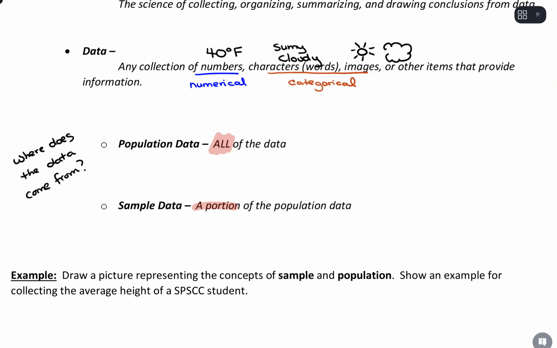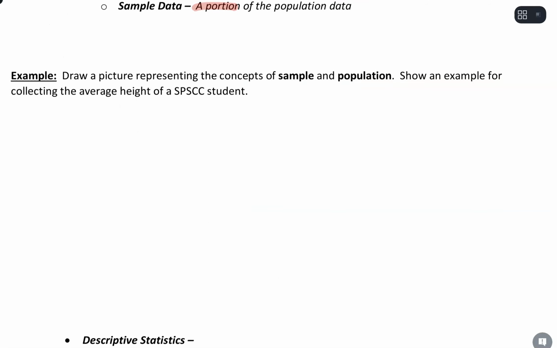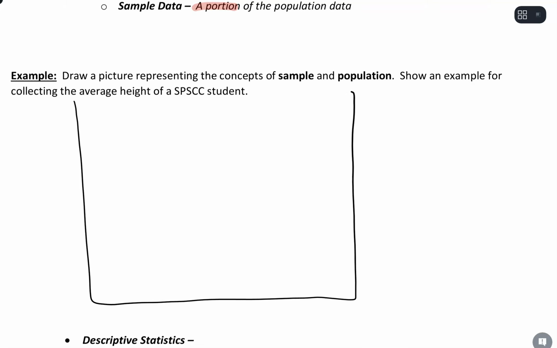So let's talk about the idea of sample versus population in this little example here. We're going to draw a picture representing the concepts of sample and population, and we're going to show an example for if we were collecting the average height of an SPSCC student. The idea being, population is big. It is everything. So I'm going to draw a big box here, and that big box is going to be the population.